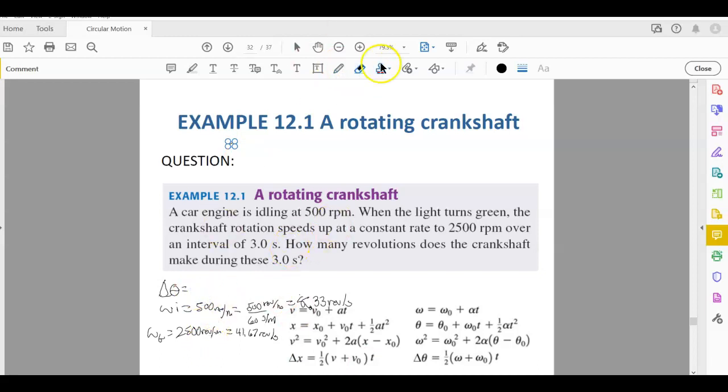I think they did want us to find the number of revolutions. Alpha we don't have, and delta t we do have, which is 3 seconds, right? So we're trying to find delta theta. We don't have alpha, so can't use the top equation. Second equation here we can't use. Can't use the third equation. Basically we have to use this equation right here, right?